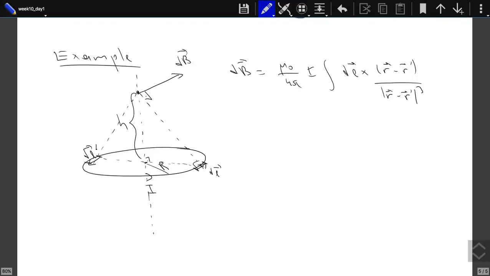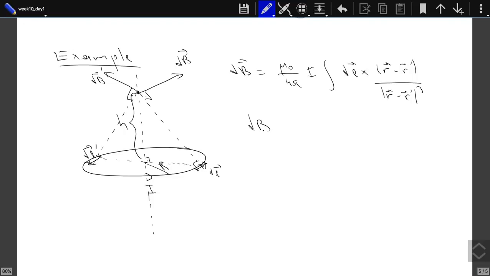Well, dl prime is somewhat pointing towards you. This is my dB. This is my r minus r prime. So dl cross r minus r prime is somewhere in that direction. This is my dB prime. This angle is again 90 degrees.